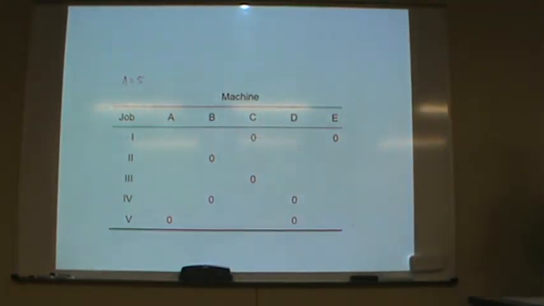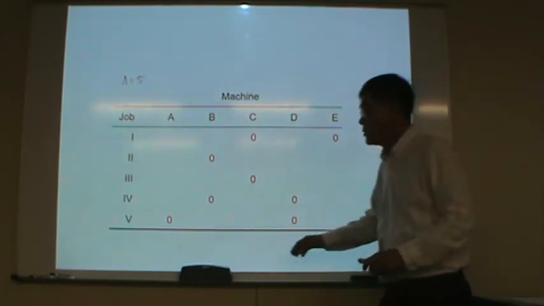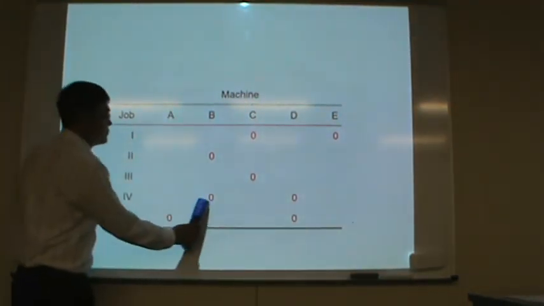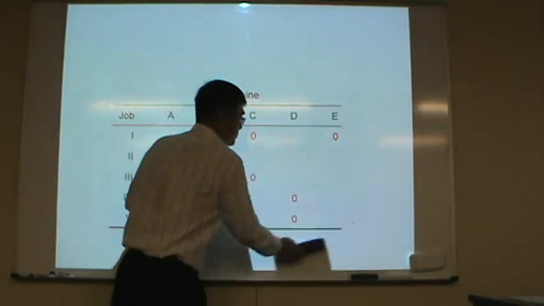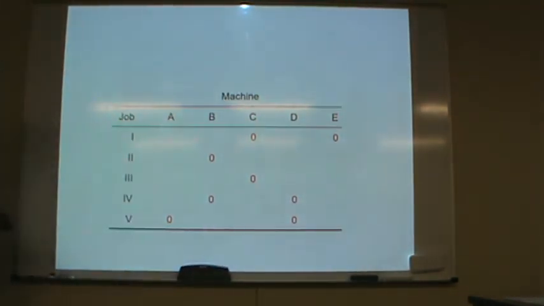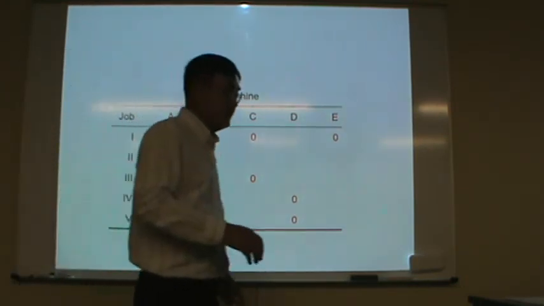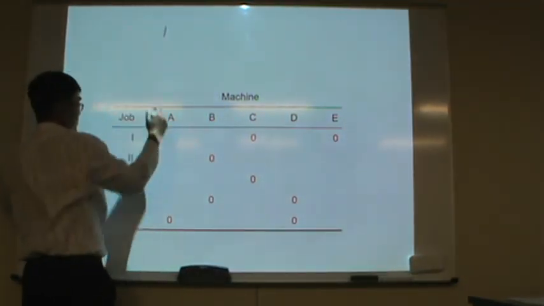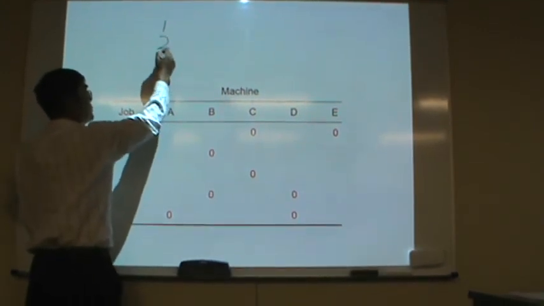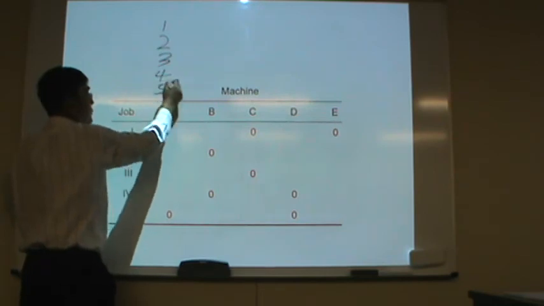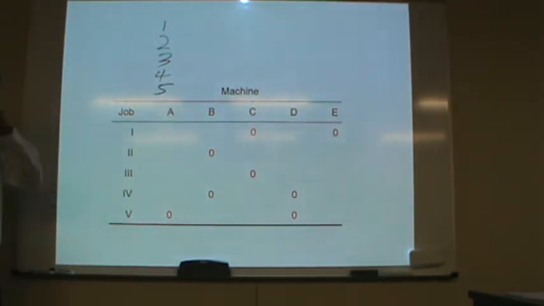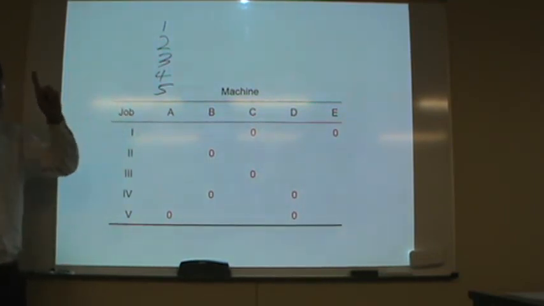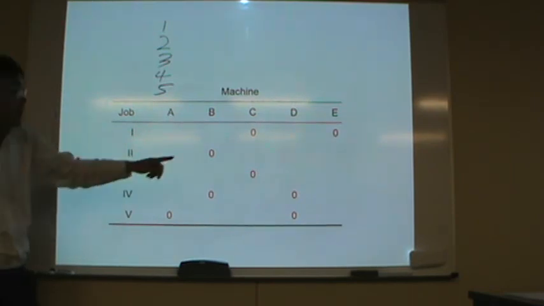Then how can we assign? Job 1 has zeros on C and E, right?